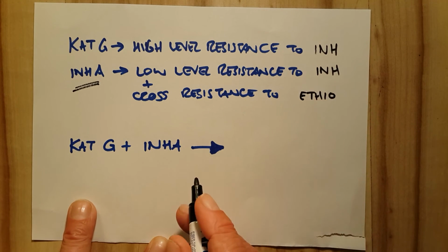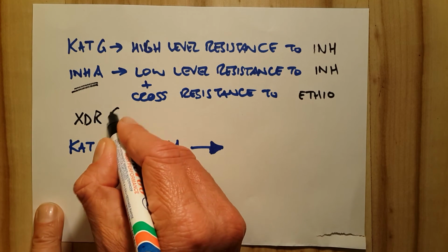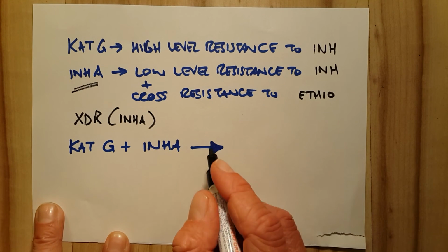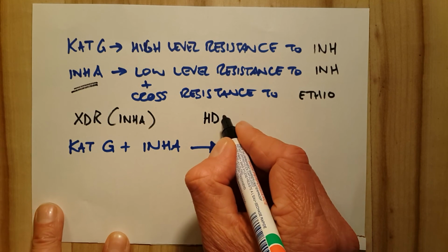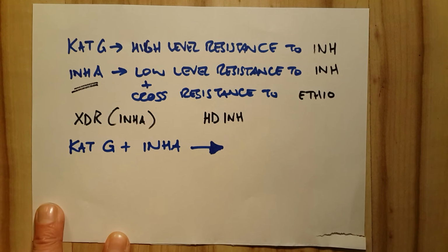And why this is of particular interest is because when they've looked at XDR patients in the Western Cape, there seems to be a predominance of InhA. So some of the thinking is, should we not be giving high-dose INH to patients with InhA mutations only?